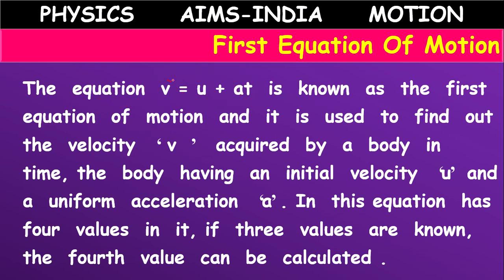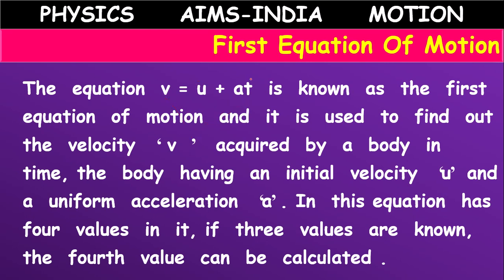So we have four quantities here in the first equation of motion. If three quantities are given, one unknown quantity we can find. If v, u, a are given, we can find t, or if u, a, t are given, we can find v, or if v, a, t are given, we can find u.